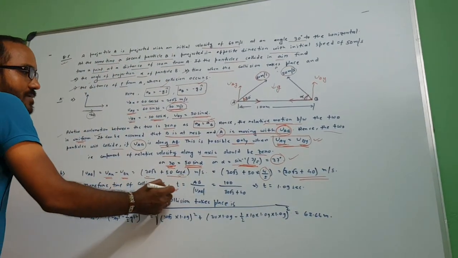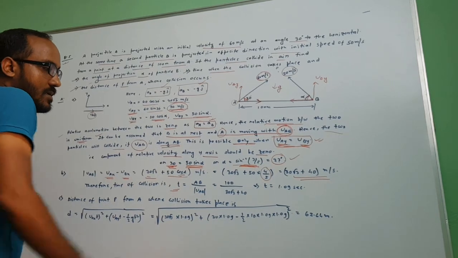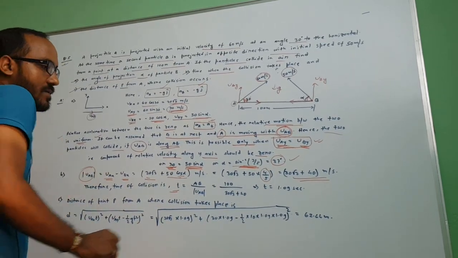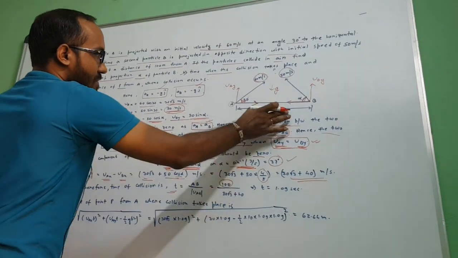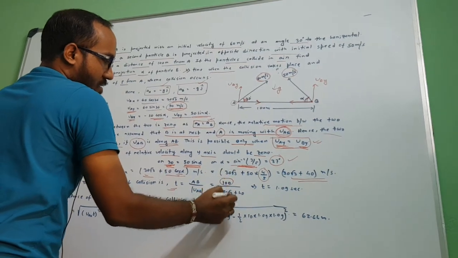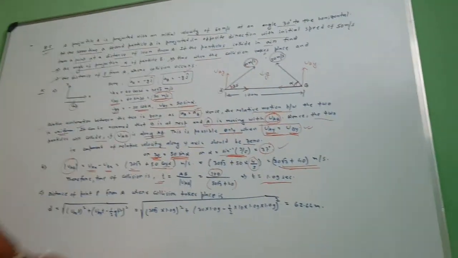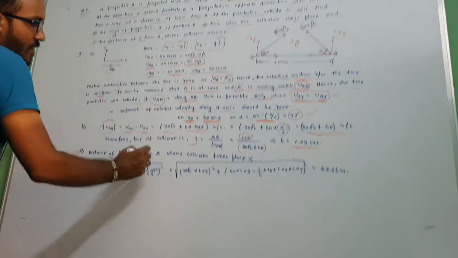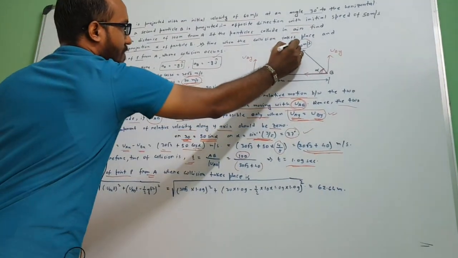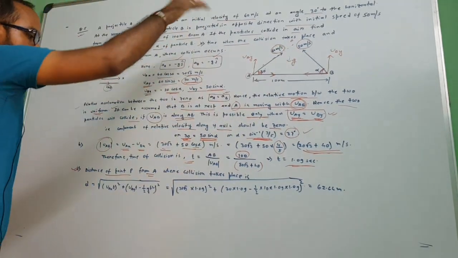So what would be the time? Time would be distance by velocity. We have calculated the relative velocity, and the distance AB is given as 100 meter. Put the values, you will get 1.09 second as the time of collision. Now the second thing is the distance of point P from A, where the collision occurs.